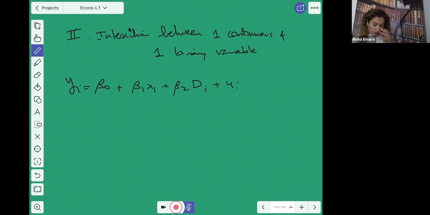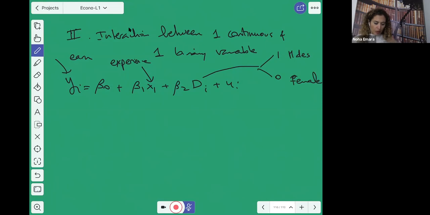Let's assume this is again earnings, and this is experience in years because it's continuous. And this D takes 1 for males, it doesn't have to be females every time, and 0 otherwise, or for female, because we have only 2 gender types.